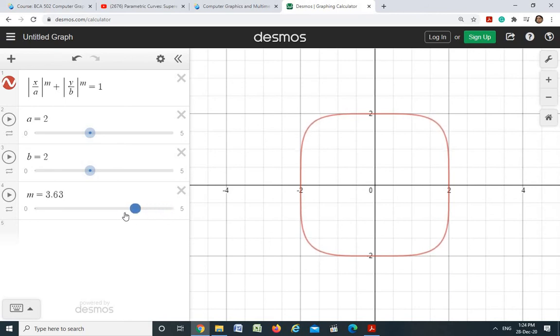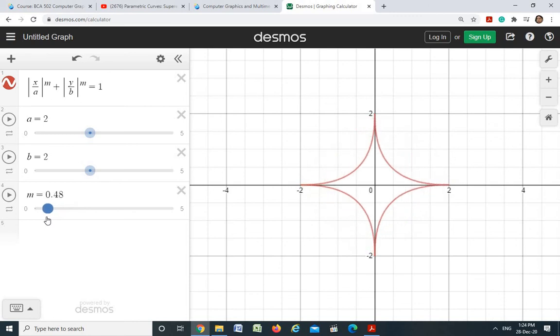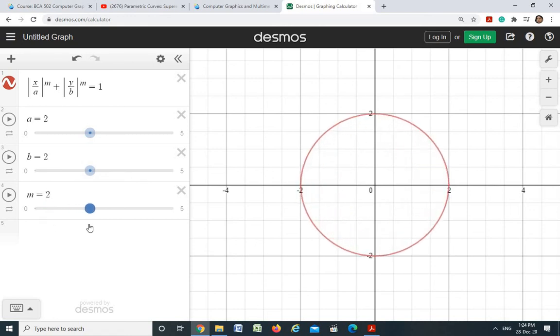When m is moving towards 0, the curve is shrinking. When m is equal to 0, we get just the xy axis lines. When we move out, we are getting a circle. So we are simply modifying the equation of a circle. In the equation of a circle, this m is replaced by 2.